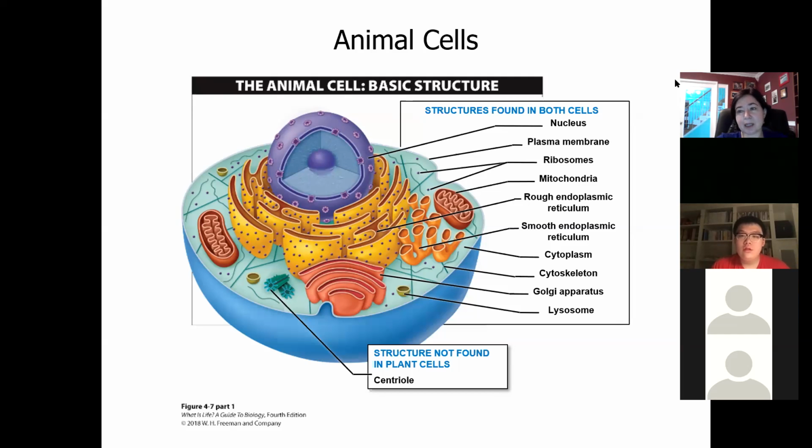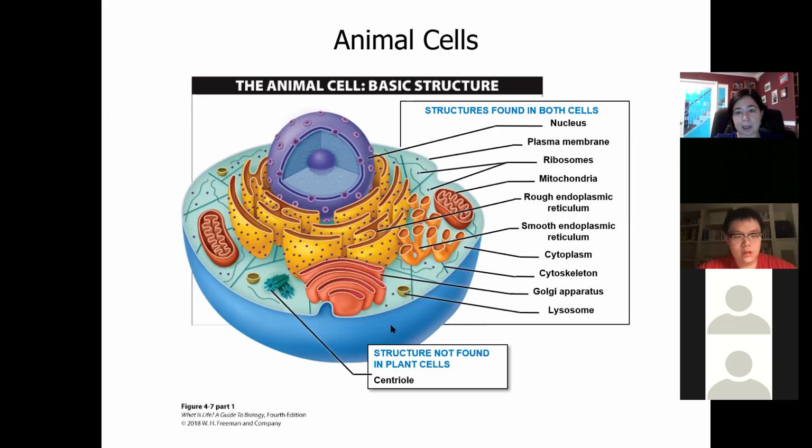I like to compare a cell to a city, right? A city that is self-sufficient, okay? A city that can actually provide on its own most of the basic functions. That's why the cell is a basic unit of life, because it's self-sufficient.